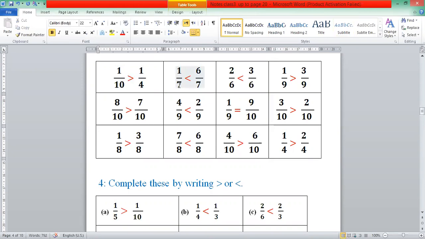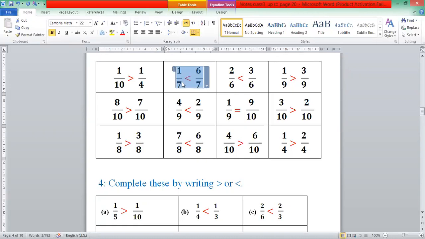Look at the second box. In the second box, 1 over 7, 6 over 7. And these are like fractions. 6 over 7 is greater and 1 over 7 is less.